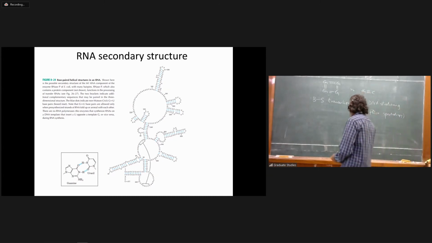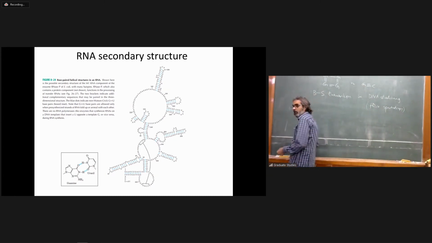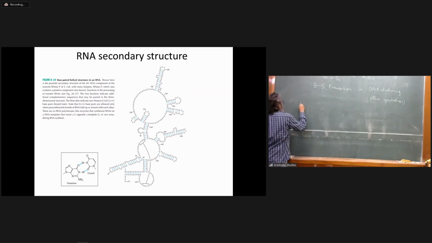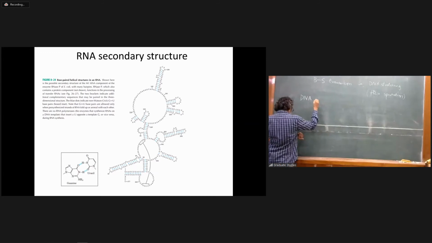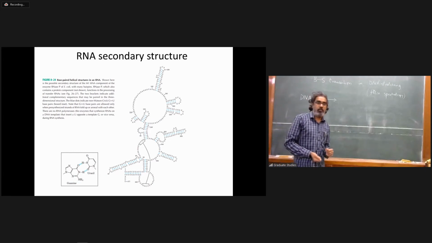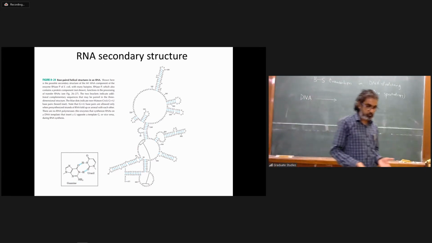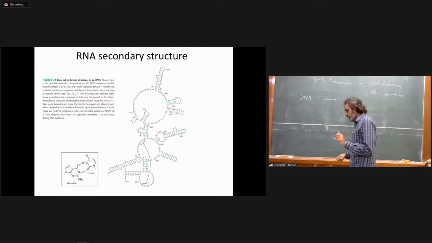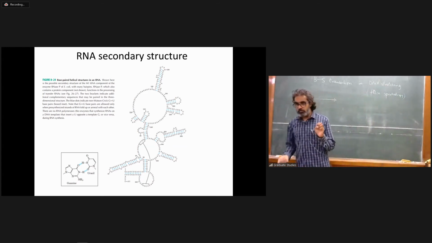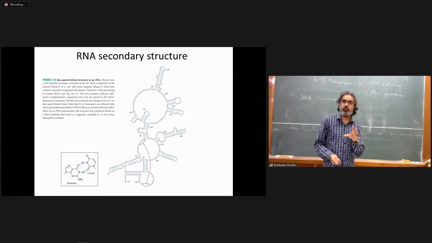First of all, what is RNA and why is RNA important? DNA is mostly restricted to the nucleus. The problem is that in eukaryotic cells, and even prokaryotes, DNA is mostly restricted to the center of the cells, to the nucleus in eukaryotes.